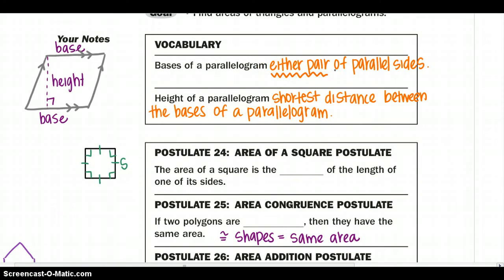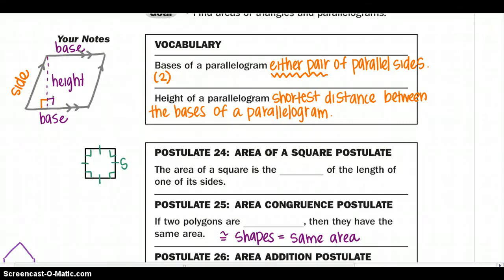So looking at our vocabulary, the bases of the parallelogram are either pair of parallel sides. So we would really have two sets of bases, whatever ones you can pick. And then the height of our parallelogram will be the shortest distance between the bases of the parallelogram. So if I label my two bases and then I have my side, my side will really be my hypotenuse, and we know that the hypotenuse is the longest side, so that's why we create the height between the bases.